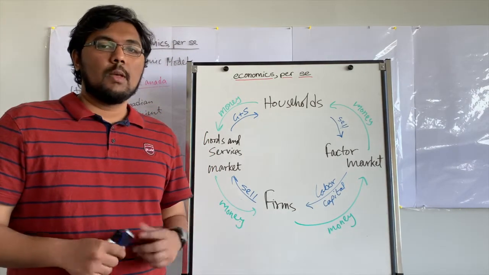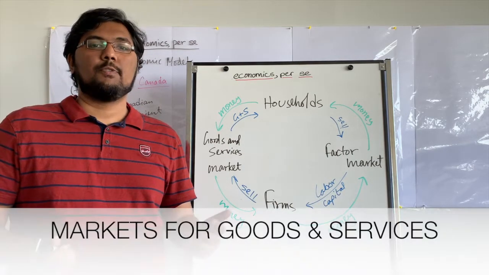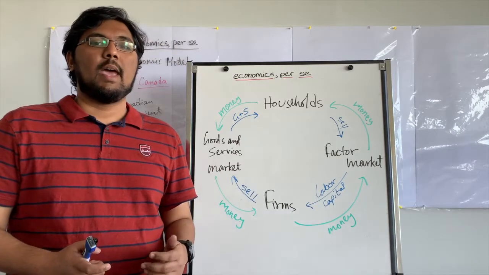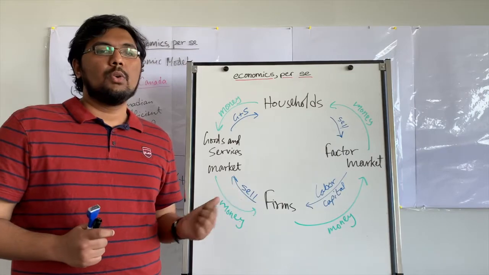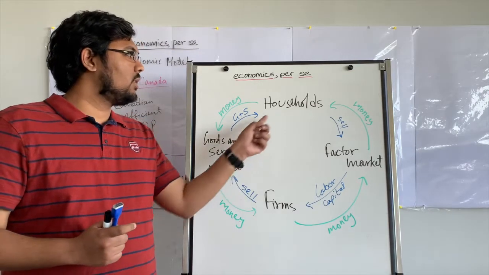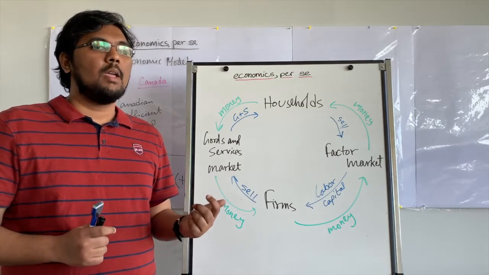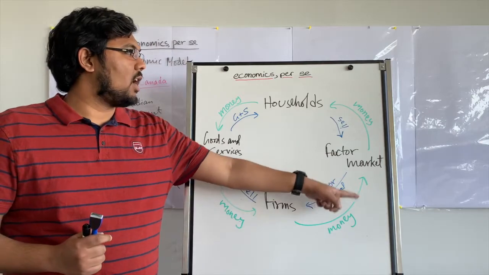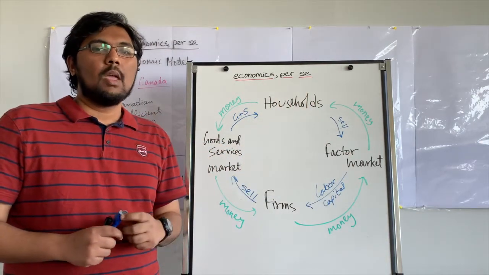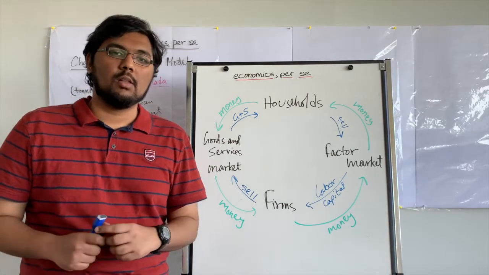They sell those, and that is when the other type of market, the market for goods and services, comes in handy. Here the firms sell the goods and services they produce back to the households, and the households buy those goods and services using the money they earn from the factor market. And this is how the diagram completes its circle.